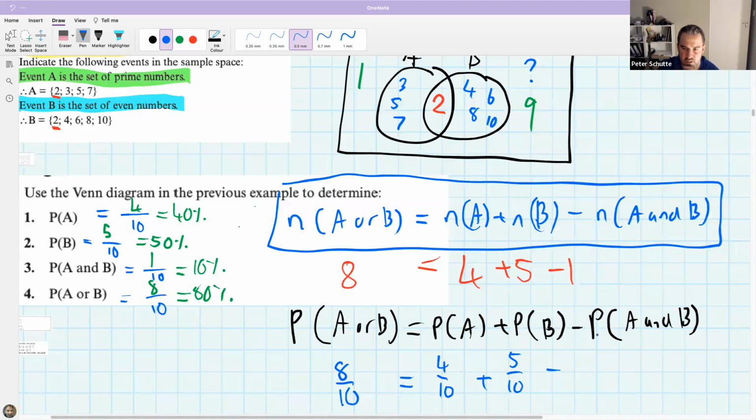And the probability of A and B was just 1 out of 10. So what you see is the 10 comes from the fact that there's 10 items in the sample space. And because these events overlap, you have to subtract the intersection of the two sets.